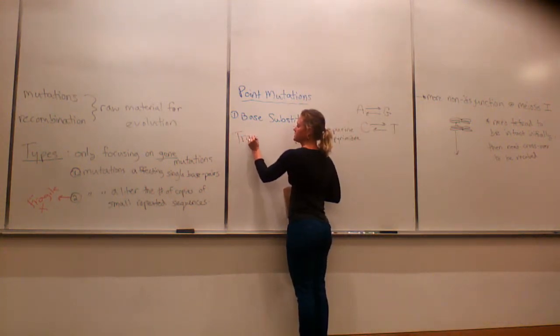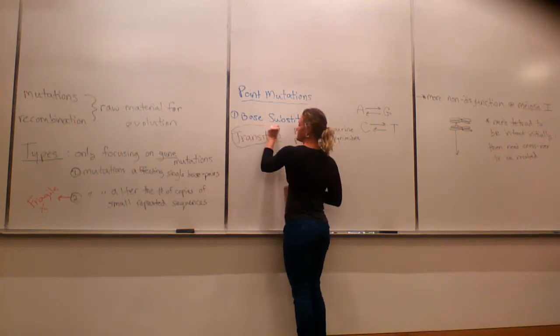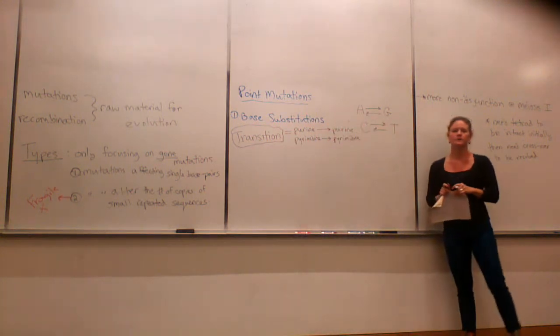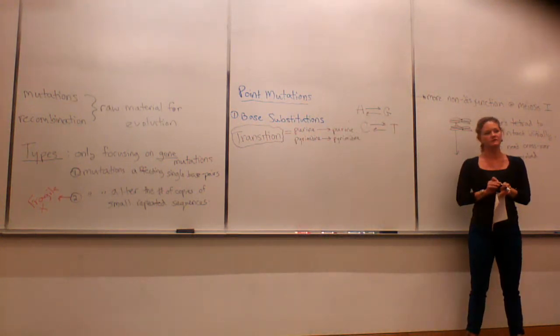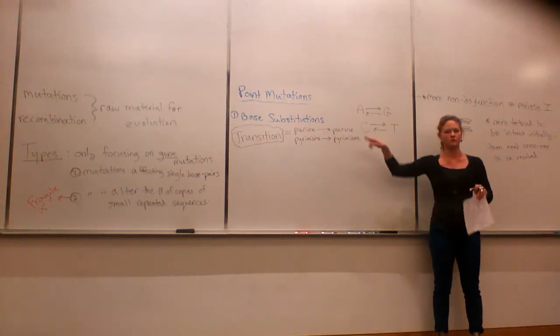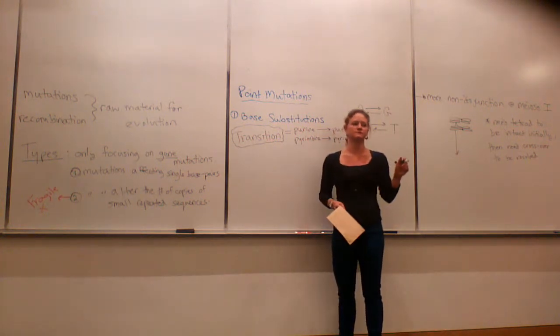You're transitioning, but you're not actually changing from a purine to a pyrimidine. So the alternate type of base substitution is when you make that exchange. You go from purine to pyrimidine, or vice versa. That's referred to as a transversion.